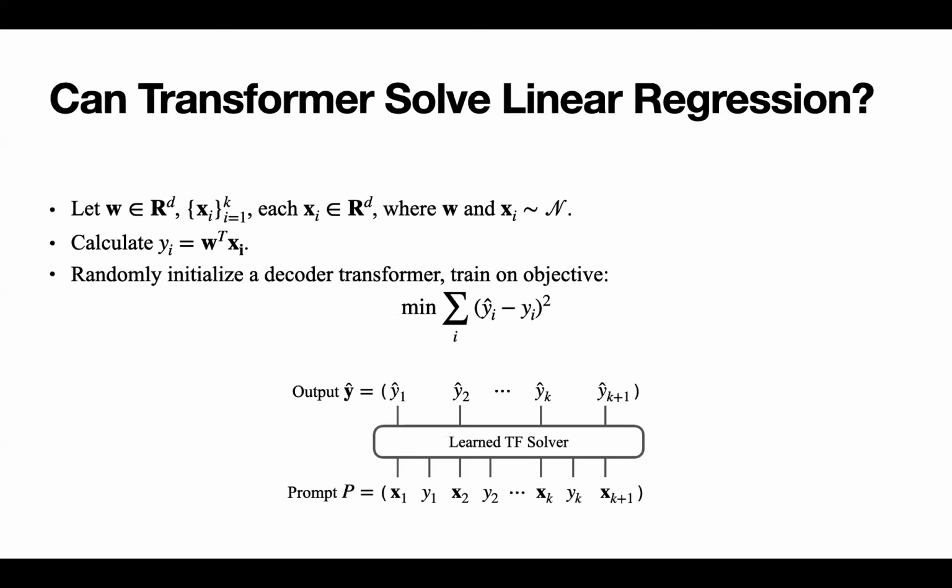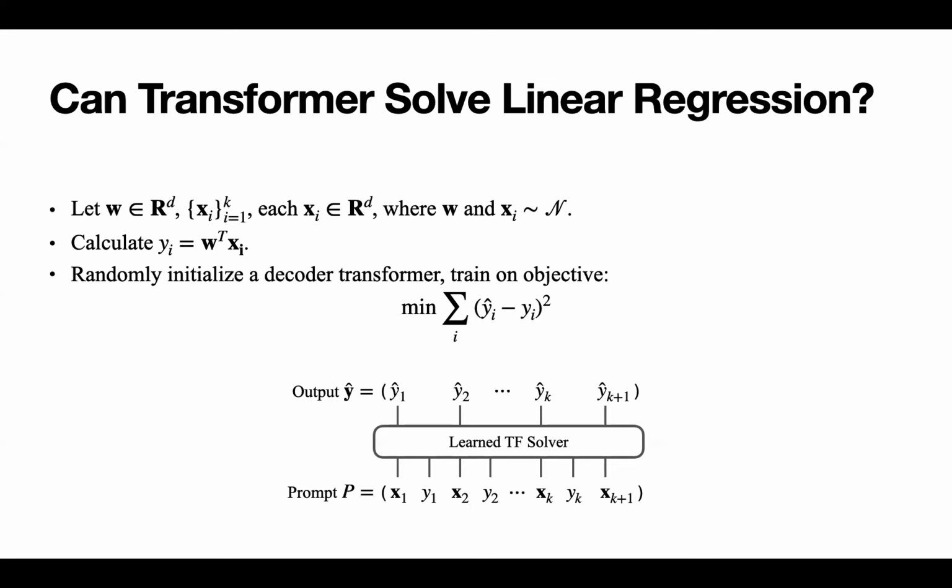So in this work, we're trying to focus on this problem, which is we want to teach a transformer to solve the linear regression problem. And I want to first tell a bit about how the setup works, because maybe some of you are not very familiar with this.